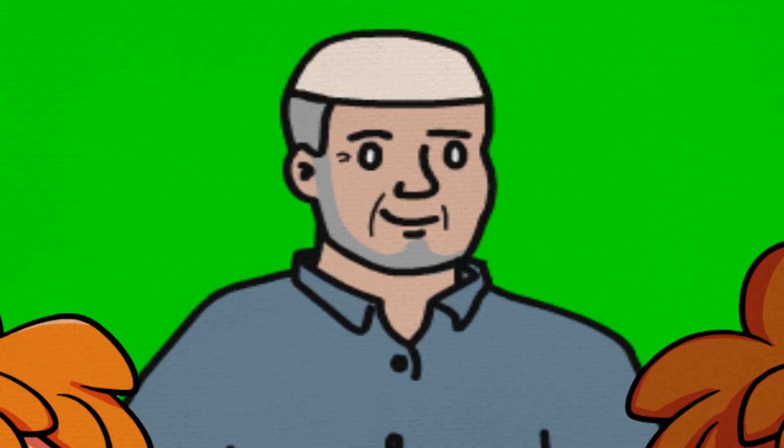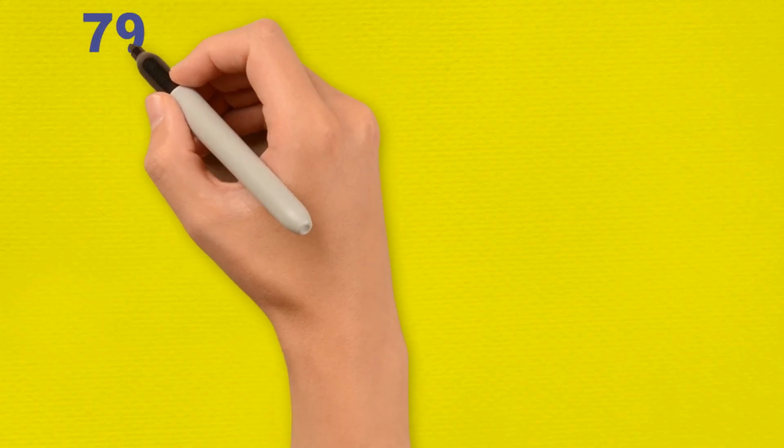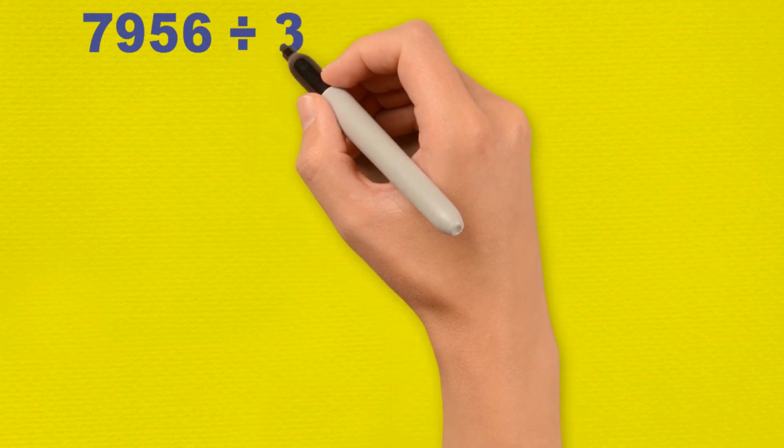The second method of dividing that I will show you now works every time once you learn the simple steps. So if you only want to learn one method, this is the one you should learn. Let's use the example of 7,956 divided by 3.